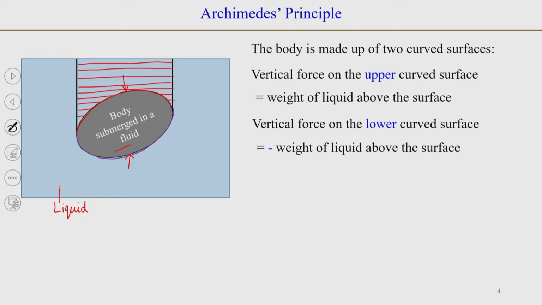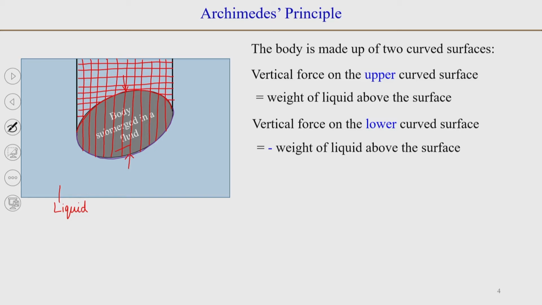If we say that the force is positive in the vertically downward direction, then this will be a negative force, and it will be equal to the weight of the liquid that is above this surface, equal and opposite in direction. So, this is the net force on the lower surface.